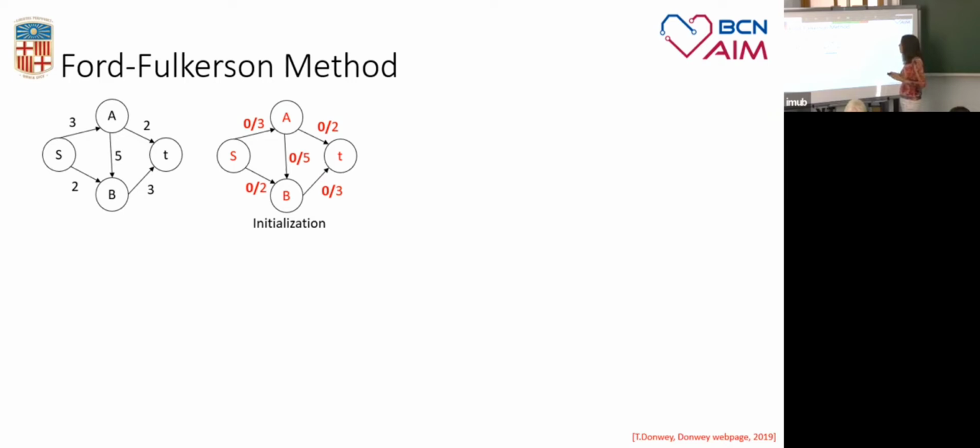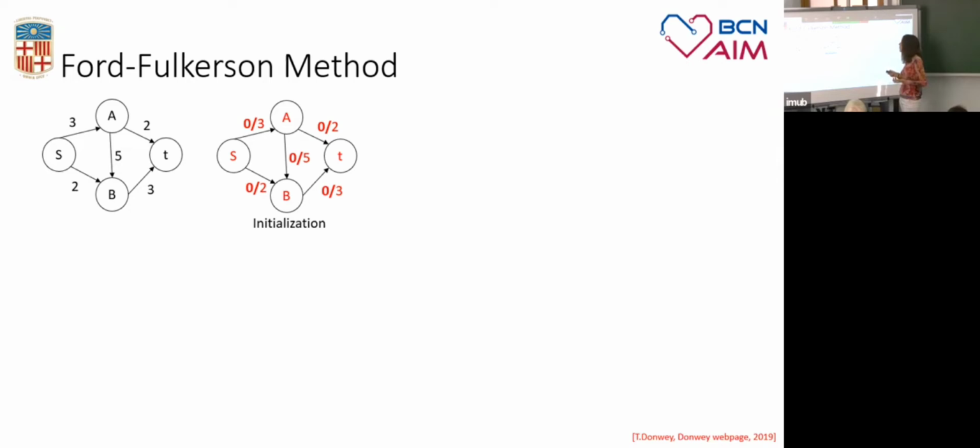So from S, A, and B, what would be the maximum flow from here? Well, it cannot be 3, because this one is okay, we have a capacity of 3, this is the capacity, and this is how much water we have in the pipe.